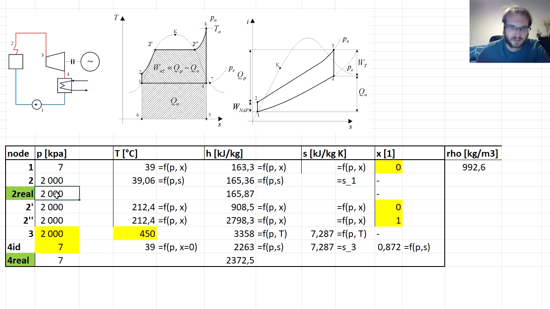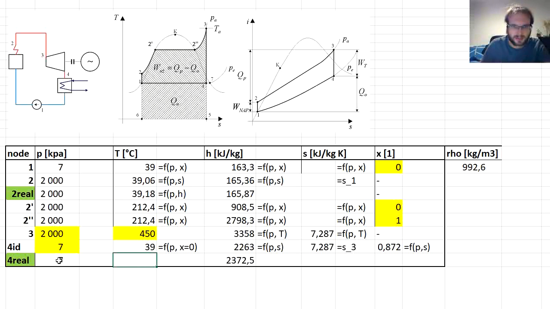It's still the pressure at the pump outlet, and we have the enthalpy. So similar as we had function of pressure and entropy, now we will have function of pressure and enthalpy. And if we would run the numbers through some properties functions, we would get the temperature of 39.18 degrees Celsius. So again, not much of a difference of the temperature at the pump.